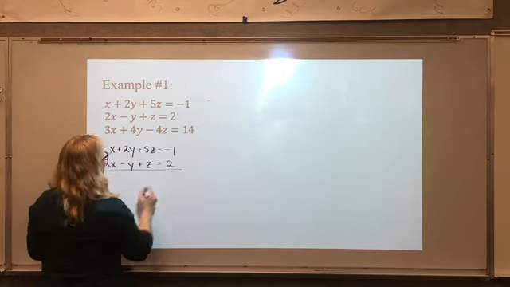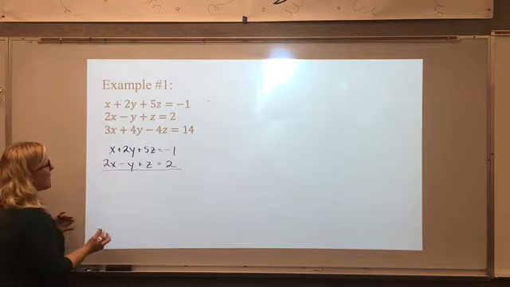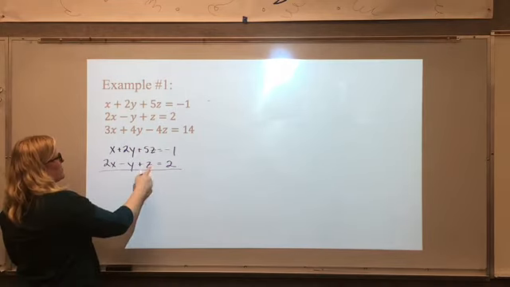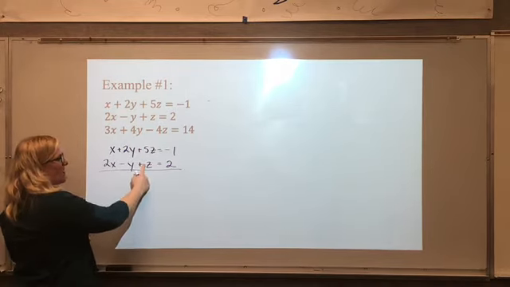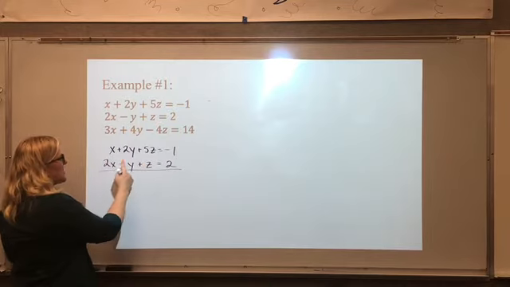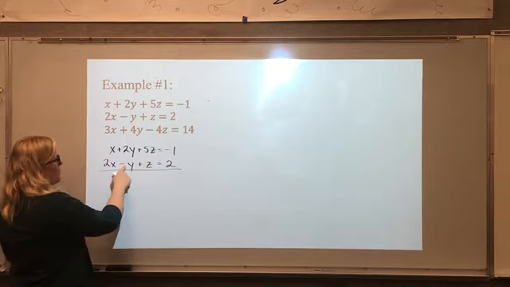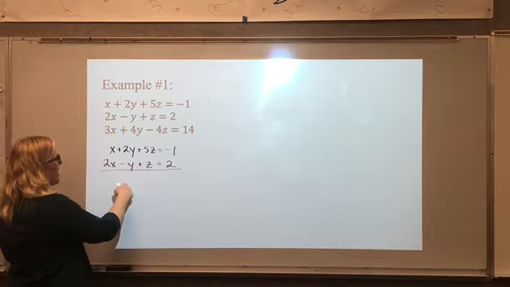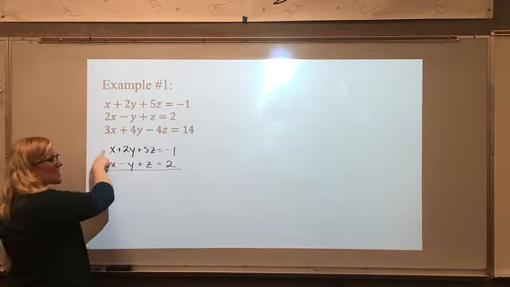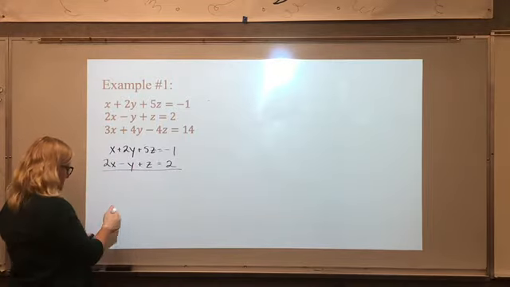I could multiply a -5 through all of this and get rid of the z's. I could multiply through by a 2 and get rid of the y's, or I could multiply through by a -2 on top and get rid of the x's.